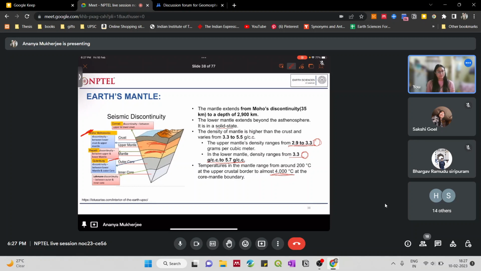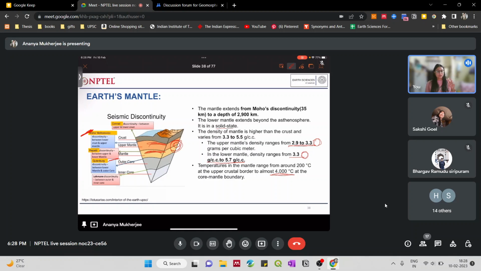Why is it important for us to understand the earth's mantle? Because most of the mechanisms that we see, of plate tectonics or what we call convection cells, happen in the mantle. So the mantle and the convection cells in the mantle are responsible for the movement of the lithospheric plates of the earth's crust.